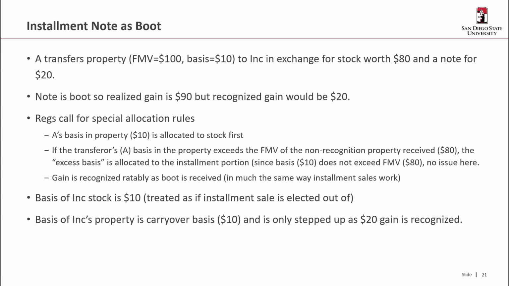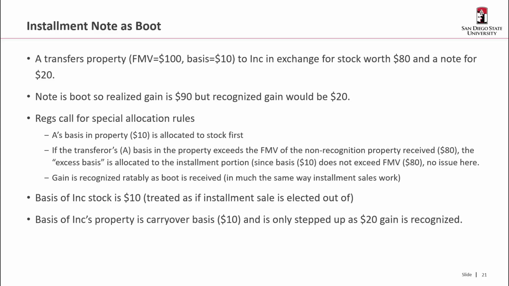Okay, so that means that the basis A has in that stock is $10. If the transferor's basis in the property exceeds the fair market value of the non-recognition property received, the excess basis is allocated to the installment portion. Now, in this case, since basis $10 does not exceed the fair market value of 80, there's no issue here.